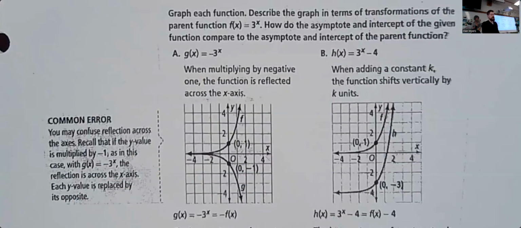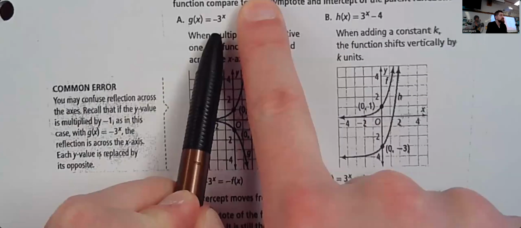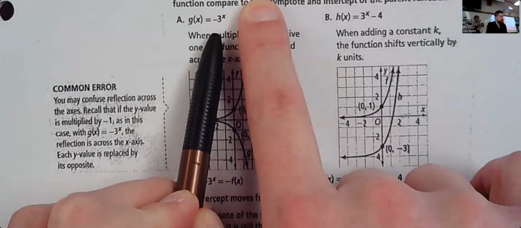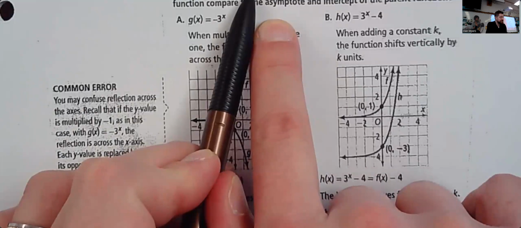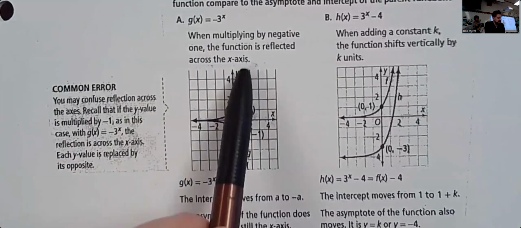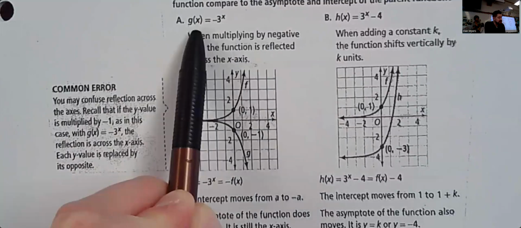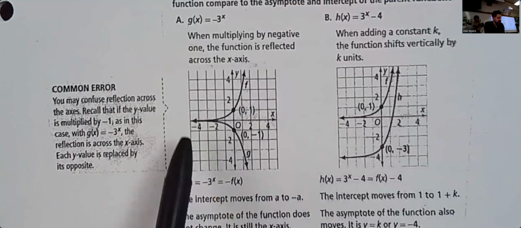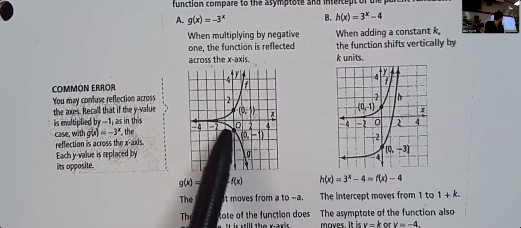Everybody take a look. So, listen up, guys. Parent function, y equals 3 to the x power. That's this one right here. There's f. That's f of x. G of x is y equals -3 to the x power. That's this one right here.